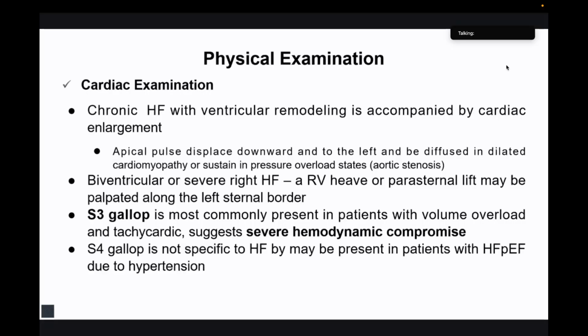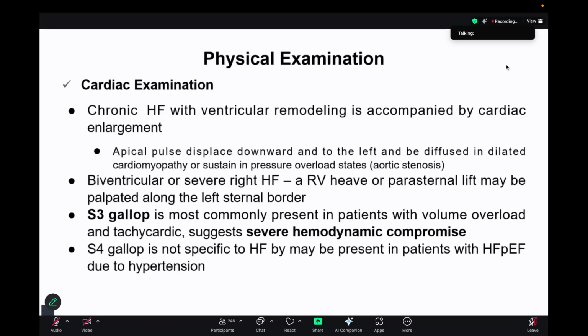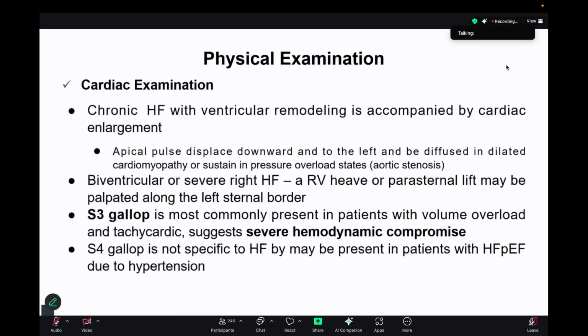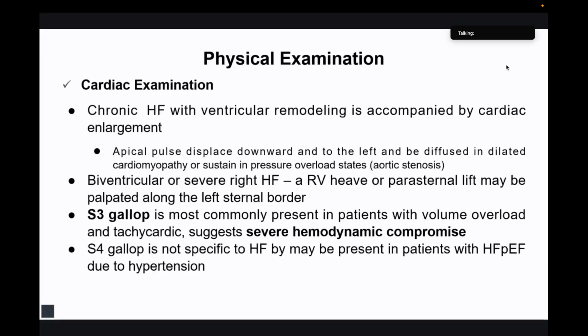On auscultation, it is important to listen for heart sounds, and the presence of an S3 gallop is commonly seen in patients with volume overload, and this suggests the presence of severe hemodynamic compromise. The presence of an S4 gallop is not specific to heart failure, but it may be present in patients with HFpEF due to hypertension.